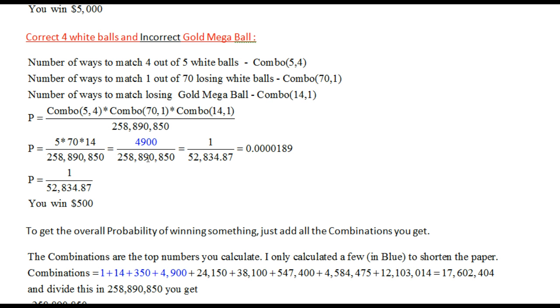We divide that into our total combinations, and we get 1 over 52,834.87. And if we take 1 over that, divide that into 1, we get our odds of winning 4 out of 4 white balls with the incorrect mega ball. And we win $500 according to the online table. Okay.